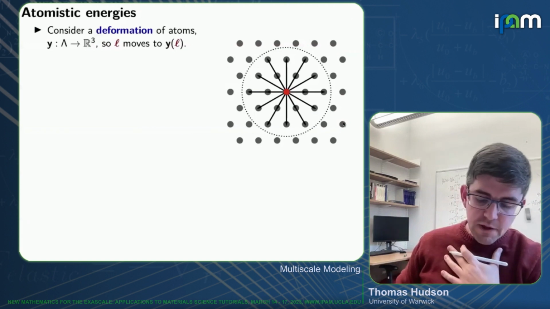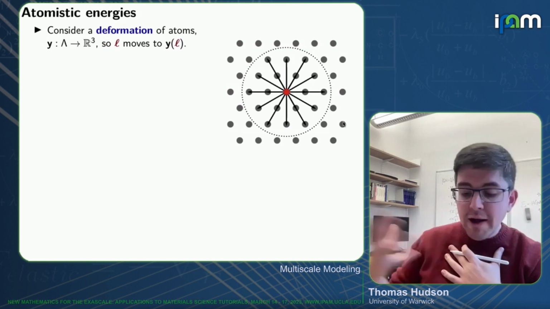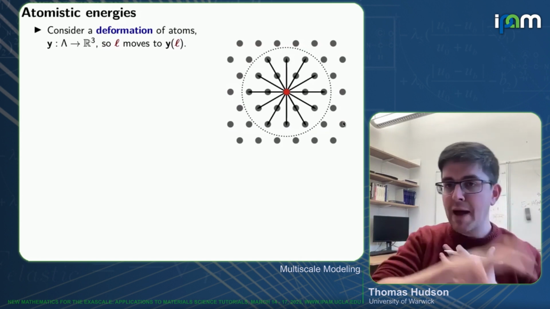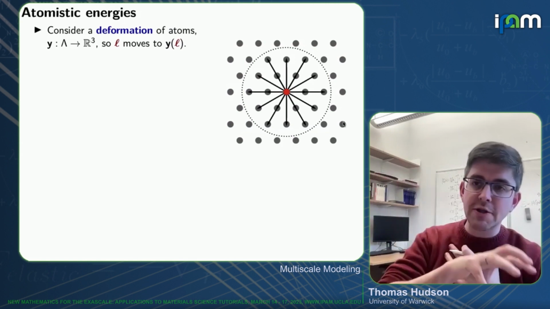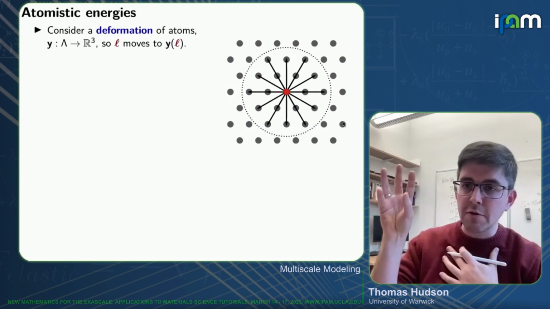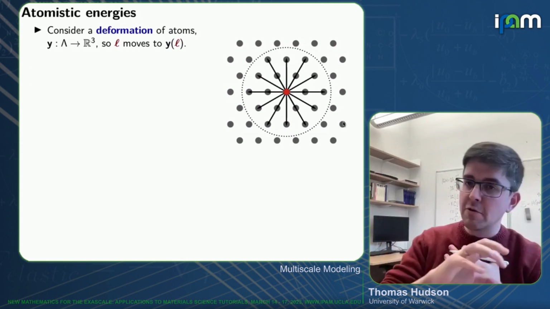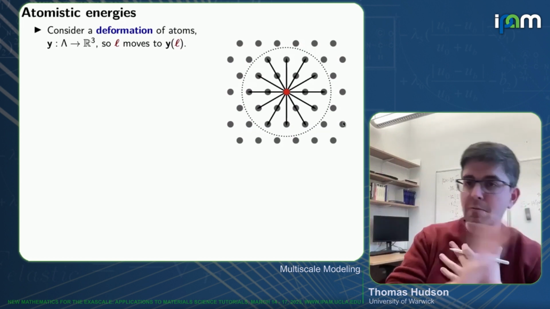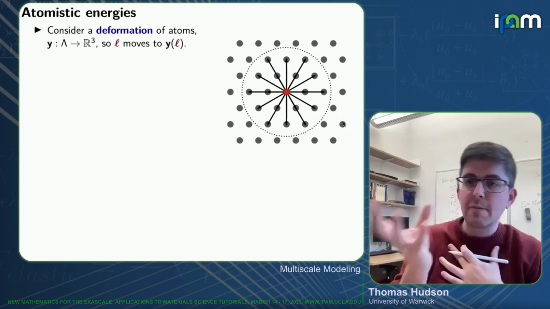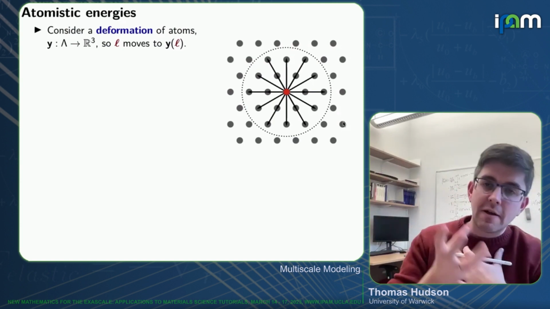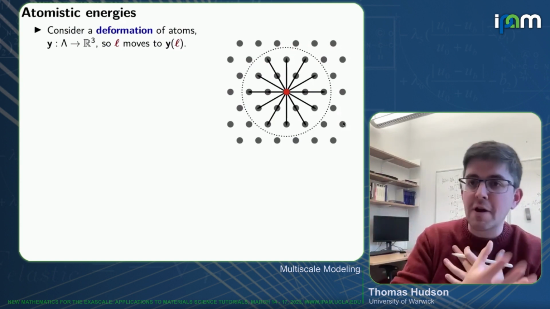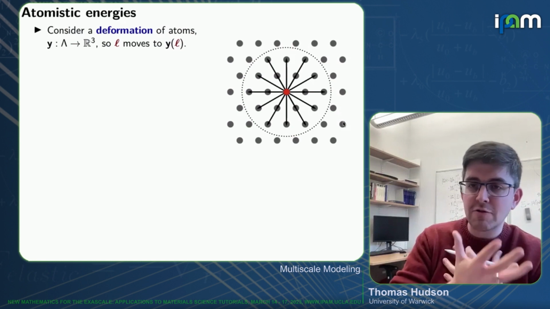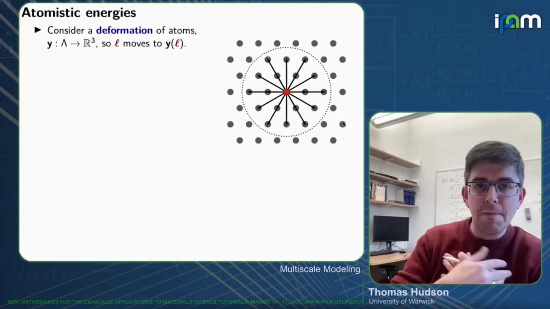So to just set some terminology, one way to try to map atomistic approaches to modeling onto continuum approaches is, at the basic level, to think about some reference structure, particularly in crystalline materials, like the crystal structure that I assume is the ground state structure for that material.